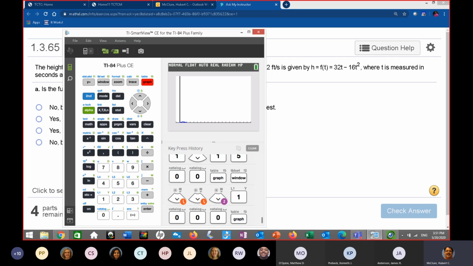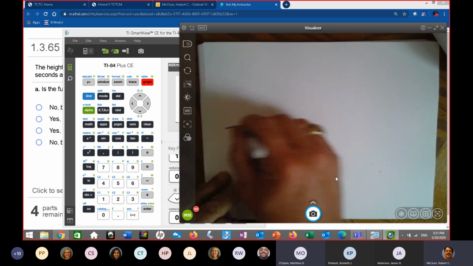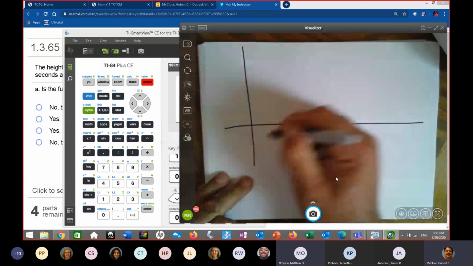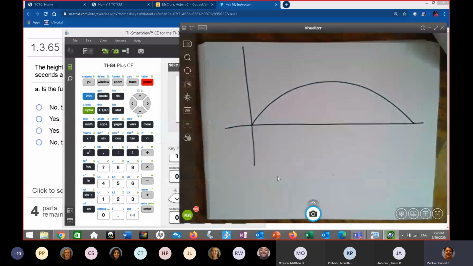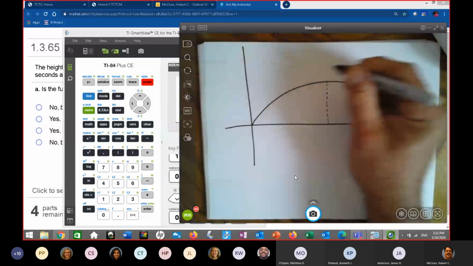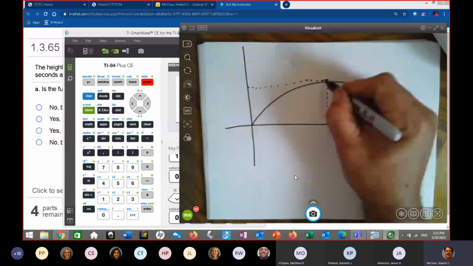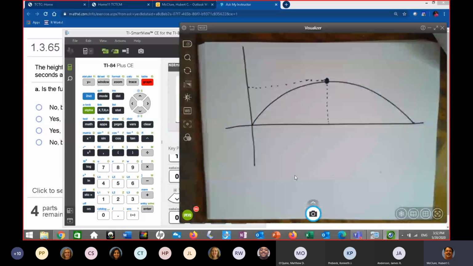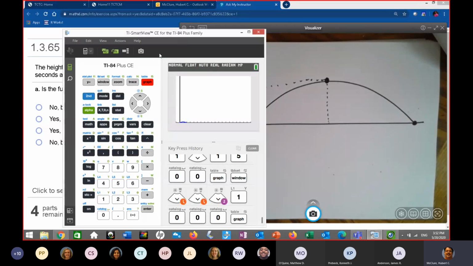The function looks like this, and the vertex is going to be in the middle. You need to find the vertex, and the vertex will give you an x and a y. That's the highest point. And then this is your second x-intercept. The first one is 0, 0.